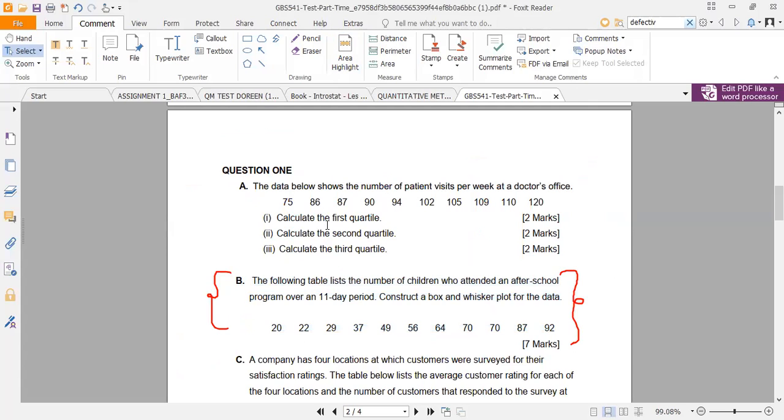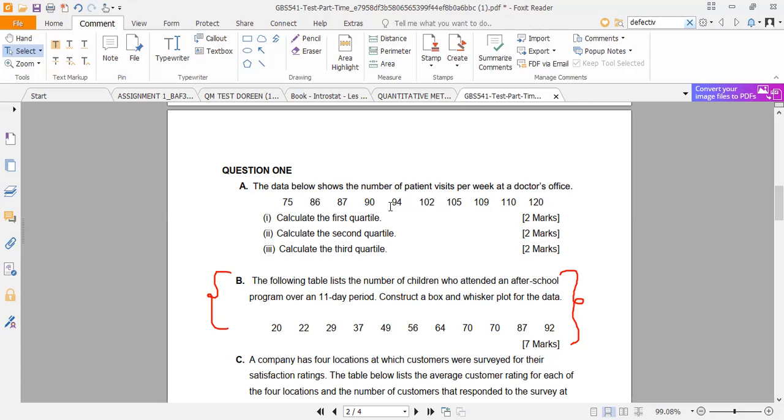The data has been given as follows. Calculate the first quarter, second quarter, and the third quarter. 3 marks here. Quickly, they are already rearranged here. How do we find the first quarter? What they're trying to appreciate here is understanding how to round off.